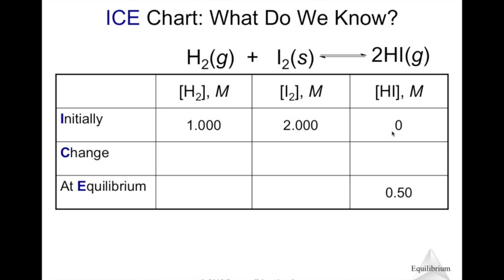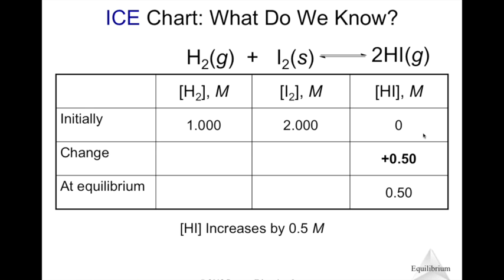This started out without it. And when we're all done, we know that we have this much of the HI. And so what can we tell from this? Well, we can very easily see that we started off with 0, and now we have 0.5, so therefore our change obviously was 0.50. And based on stoichiometry, we can figure out these amounts here.